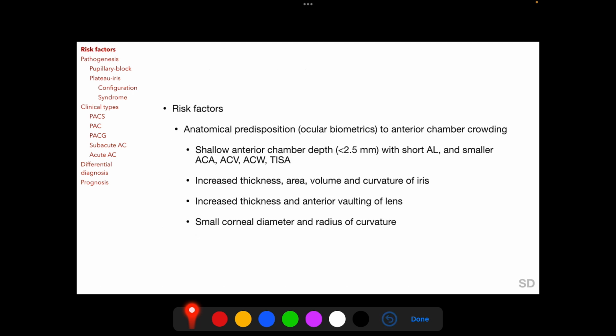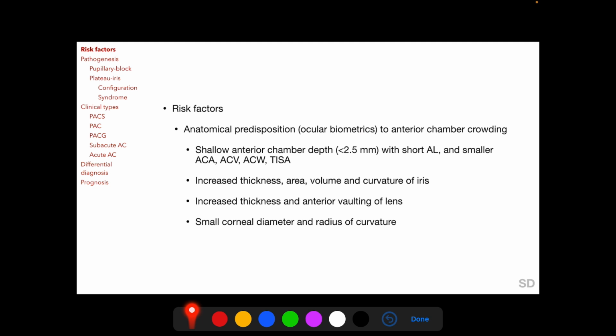The most important risk factor for primary angle closure is anatomical predisposition of the eye to anterior chamber crowding, and there are several parameters which indicate anterior chamber crowding, many of which can be measured by the anterior segment OCT, which we have discussed in the session on anterior segment imaging.